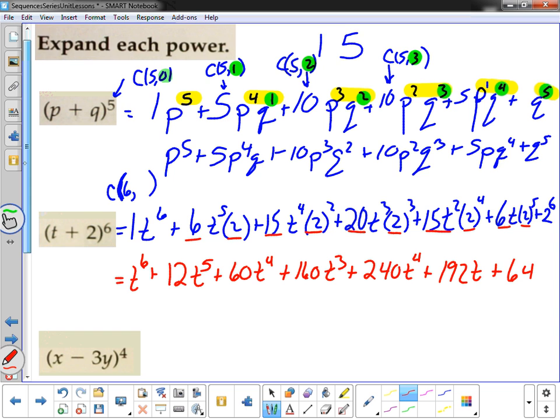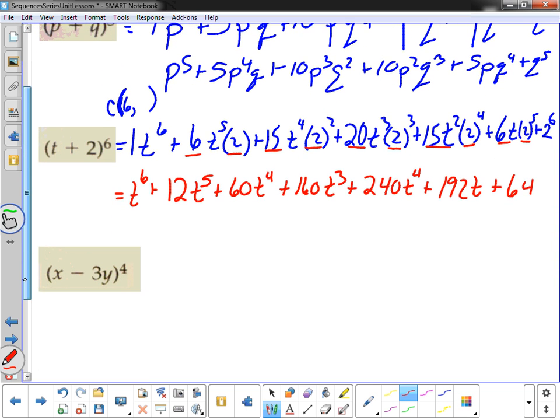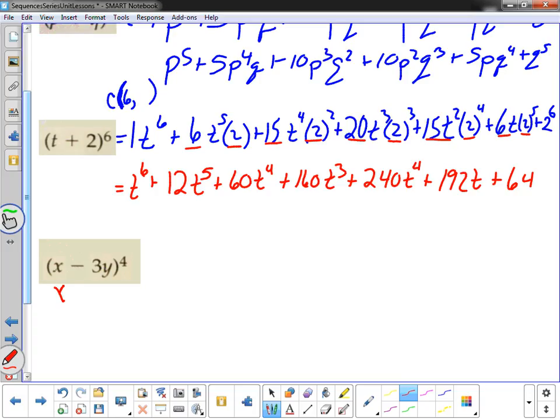Now let's look at the next one down here. This one's quite a bit more challenging because I have to think of this as x plus a negative 3y to the 4th. So I have to think of the negative 3y together as being my second term. So I automatically know, once again, it's going to be an x to the 4th.